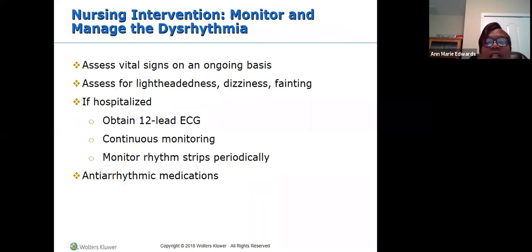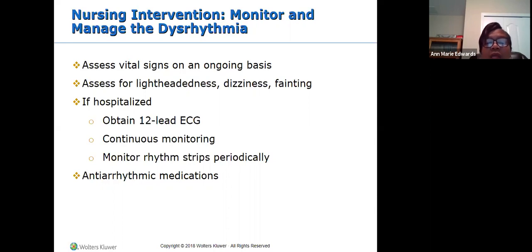So you assess their vital signs on an ongoing basis. Assess for lightheadedness. Some patients may get dizzy, some may have fainting spells, and if they're hospitalized, we obtain their 12-lead EKG and do continuous monitoring, because they can have an abnormal rhythm at any point in time. So we want them on continuous monitoring.